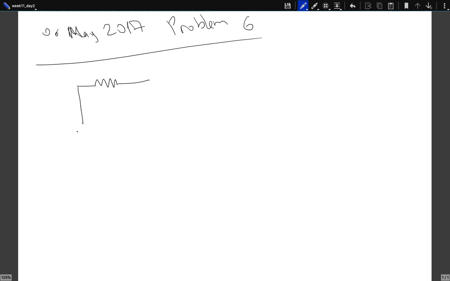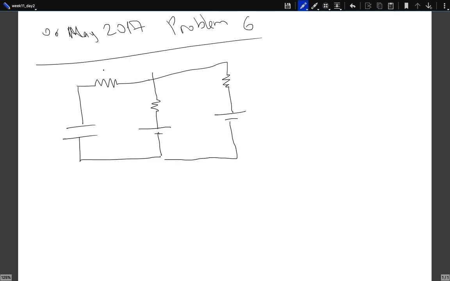One resistor here, a capacitor here, an EMF source here, another resistor, another one, another EMF source. This is R1, this is R2, this is R3. This one has EMF epsilon, this one has EMF twice epsilon, this has capacitance C. There are also the numerical values.